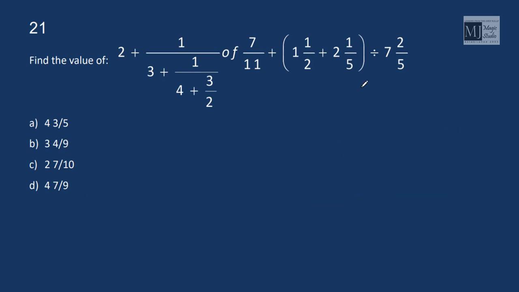Find the value of, okay, something of a sort of simplification. 4 into 2 is 8 plus 3 is 11. So this will be 2 by 11. 33 plus 2 is 35.